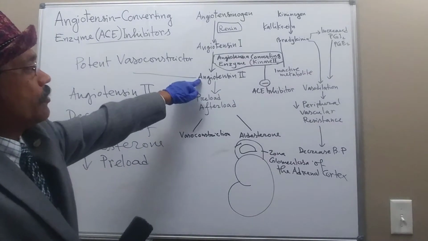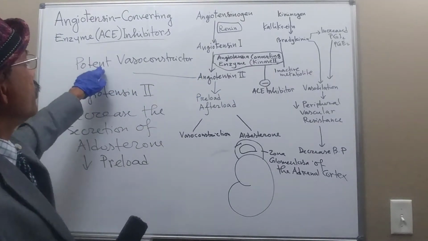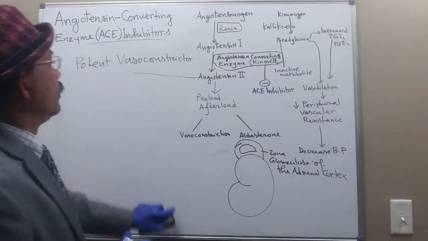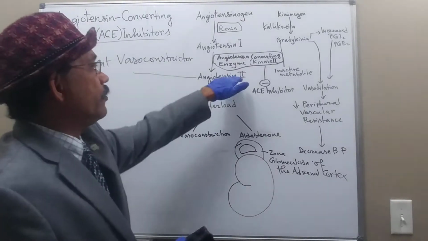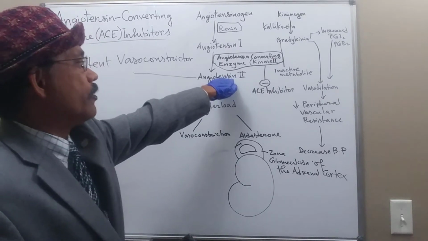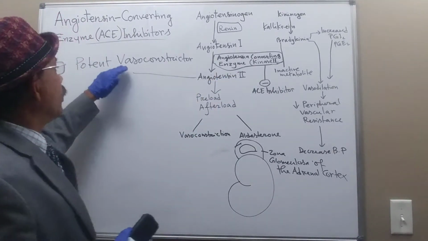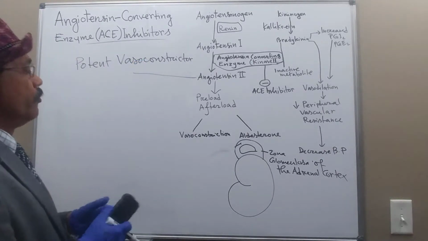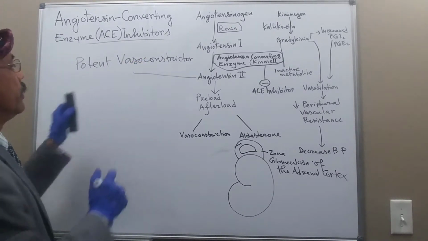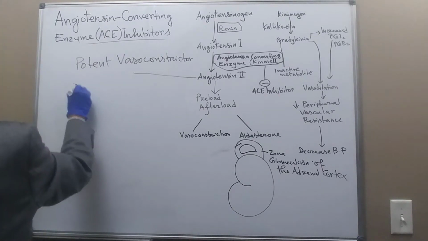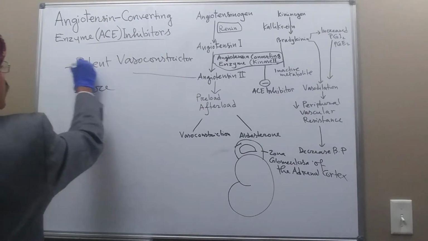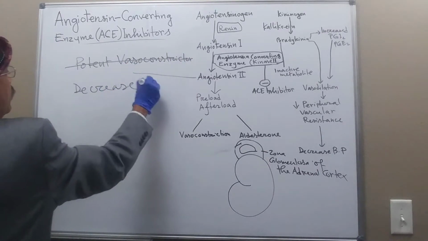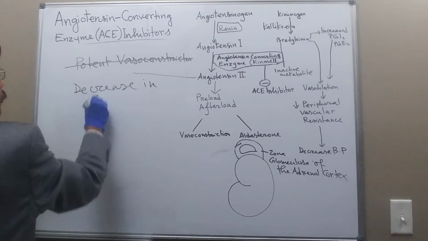Angiotensin 2 itself is a potent vasoconstrictor, so if we can decrease its synthesis, then we can overcome vasoconstriction. If we can cut this, there will be a decrease in afterload.